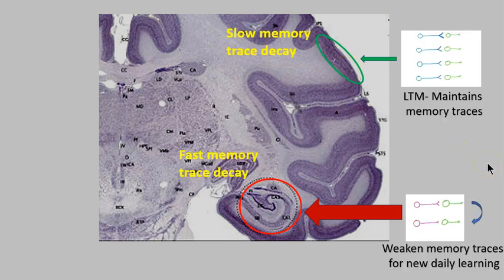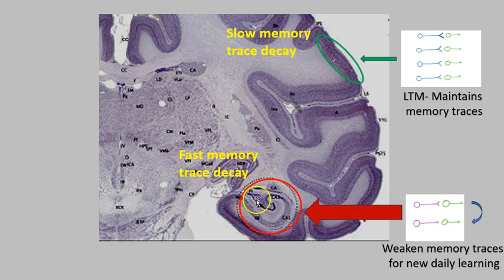And we'll say one more note, another difference between the hippocampus and the cortex. We're going to say the hippocampus has fast memory trace decay, and that's a design feature, not a bug. So the brain has evolved to have this system of hippocampal neurons that show high plasticity during learning, but then when we go to sleep, the brain weakens those synapses again to prepare for new learning.